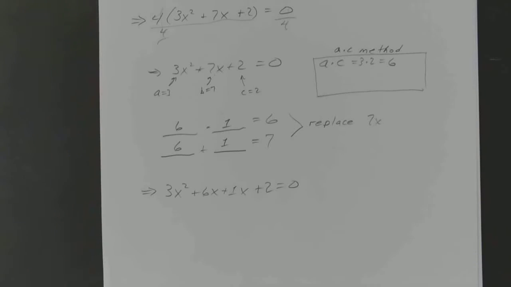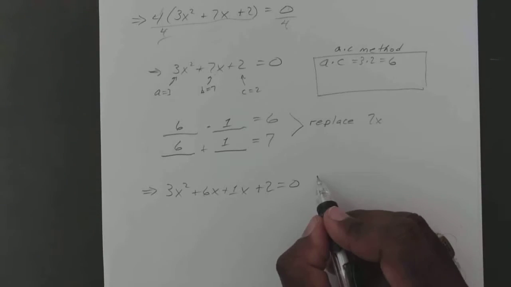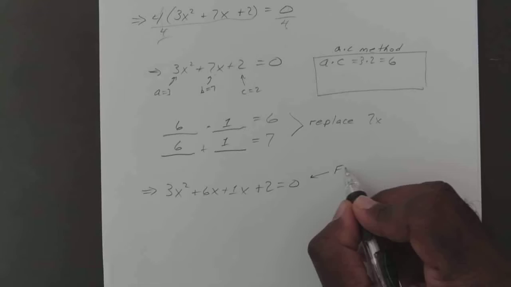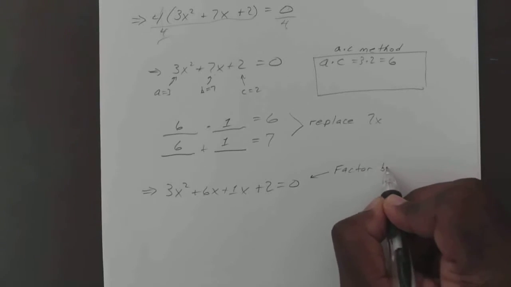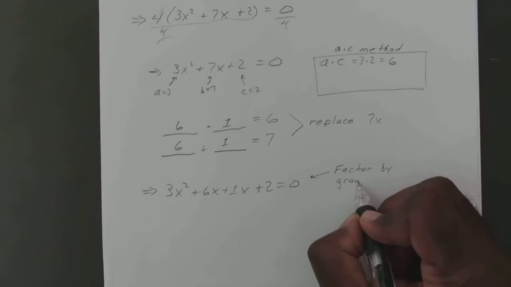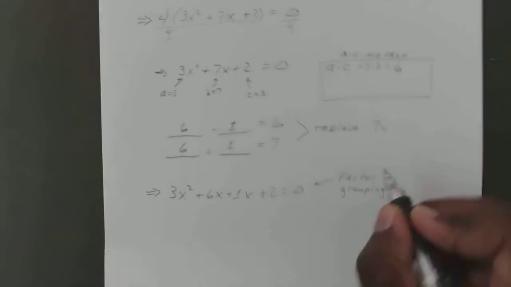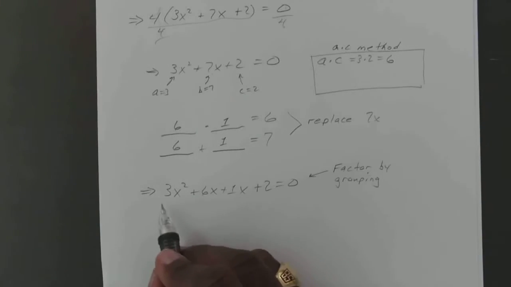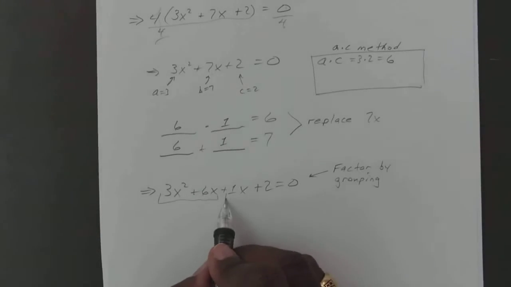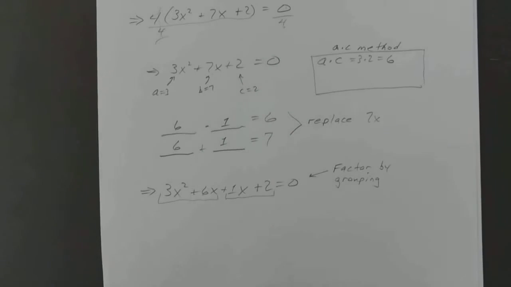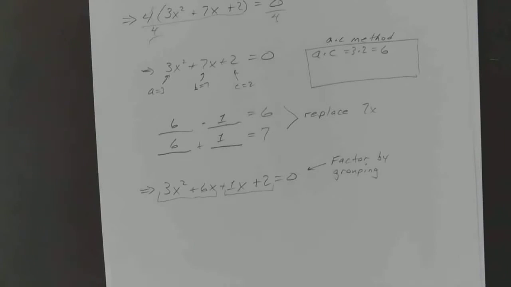Okay. And now we do the factor by grouping. And if you remember, that's when you take the 4 terms, you break them down to 2 smaller terms. And then you factor out a greatest common factor from both of them.